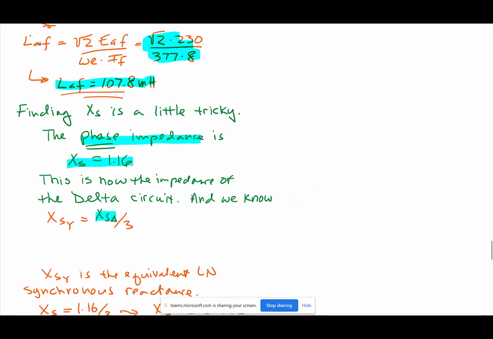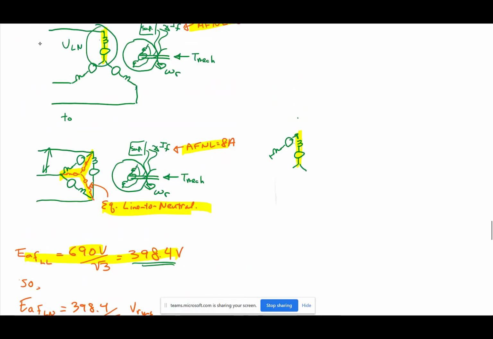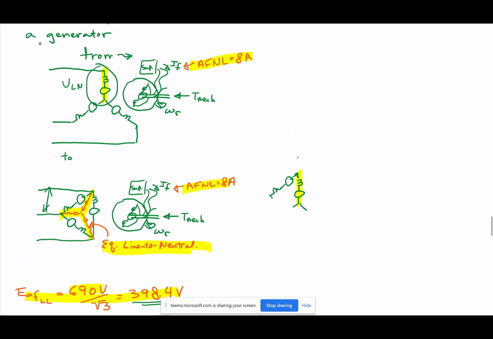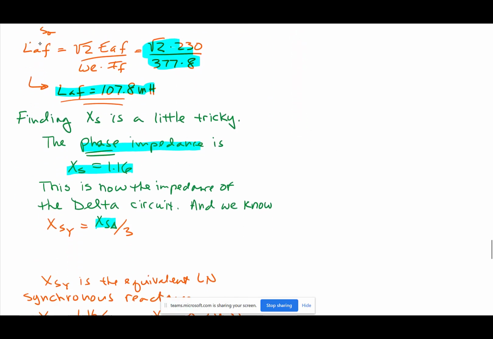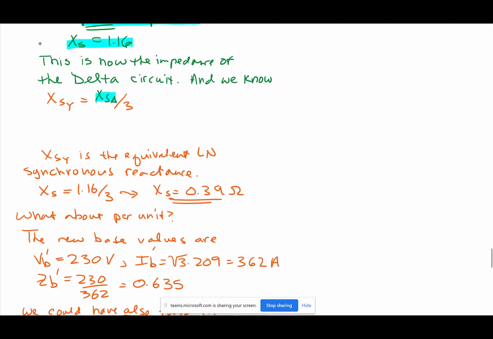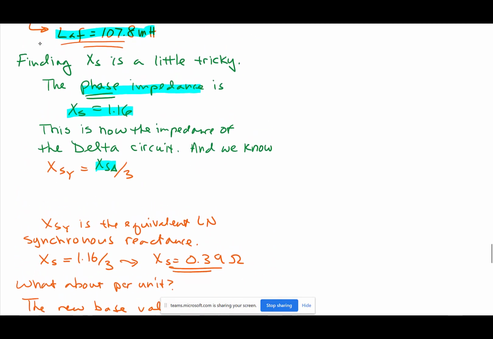And this can be a little confusing because if you look at this machine, the phase impedance, which I'll circle here, it was this thing. That's the phase impedance in a line to neutral, but now the phase impedance becomes a line impedance, line to line impedance, or a delta impedance.